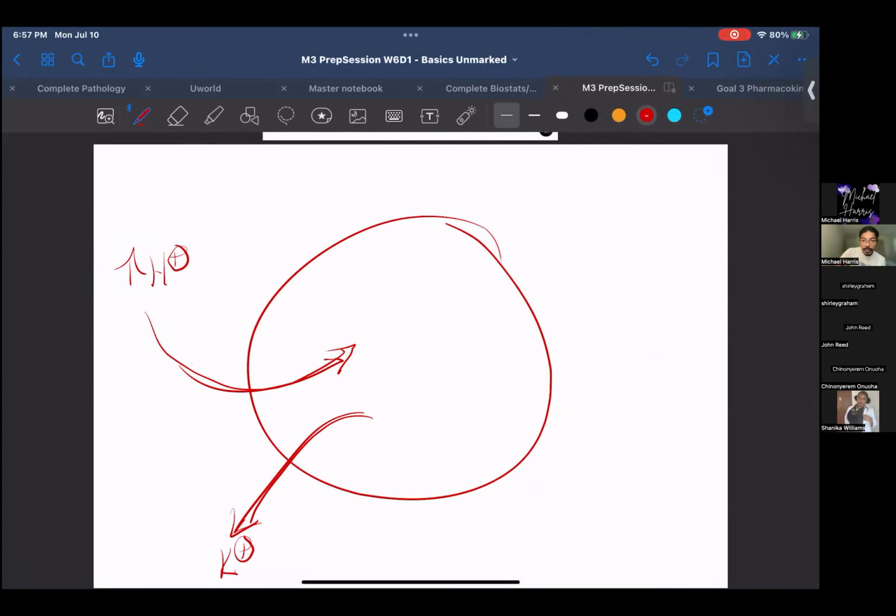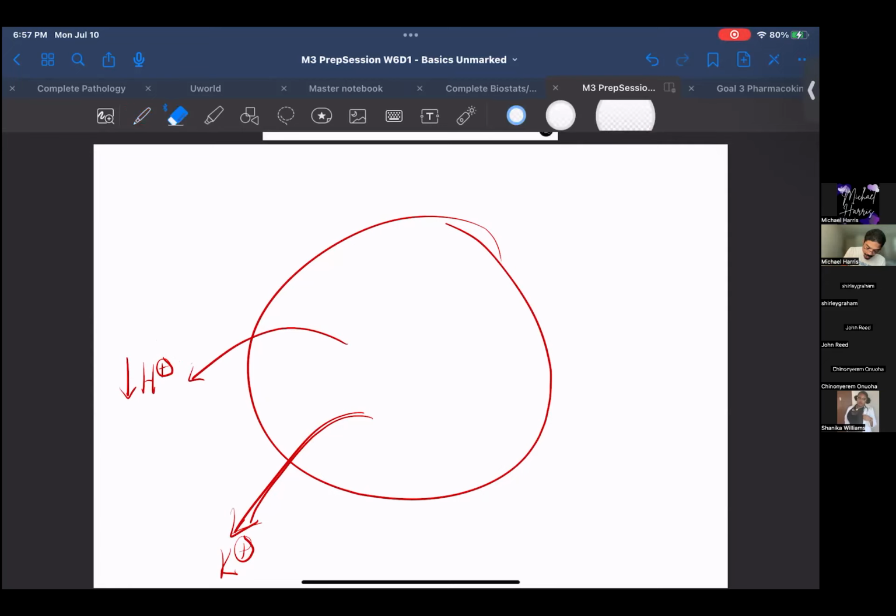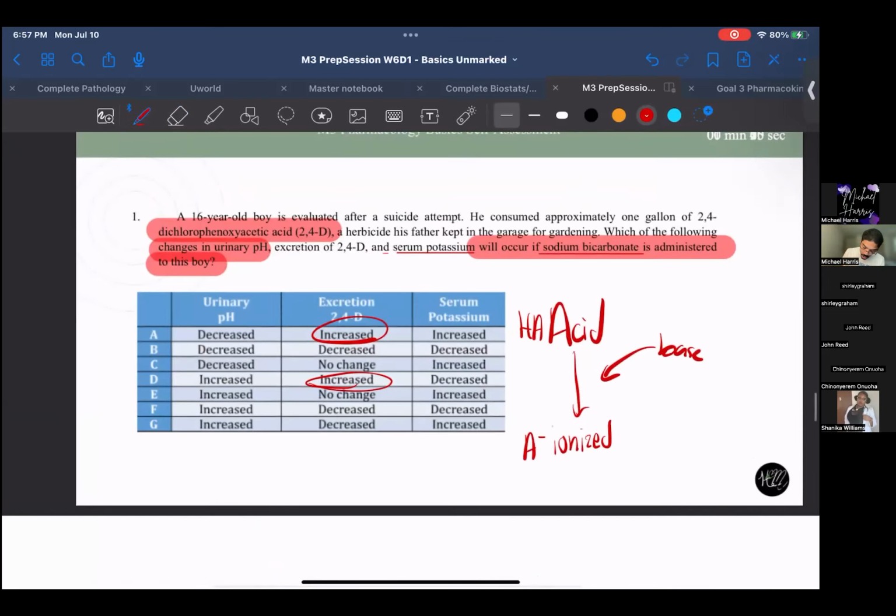Okay? But if you do the reverse, you decrease the hydrogens because of sodium bicarbonate, that means more hydrogens leave to join the tissues, and potassiums then go into the cell. So as a result, serum potassium should decrease. And urine pH will increase because of being sodium bicarbonate. Does that make sense?